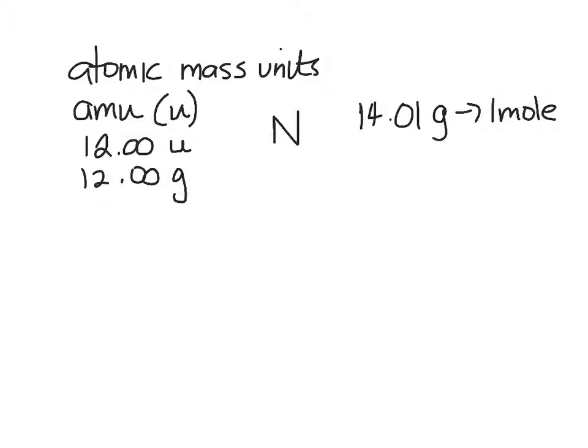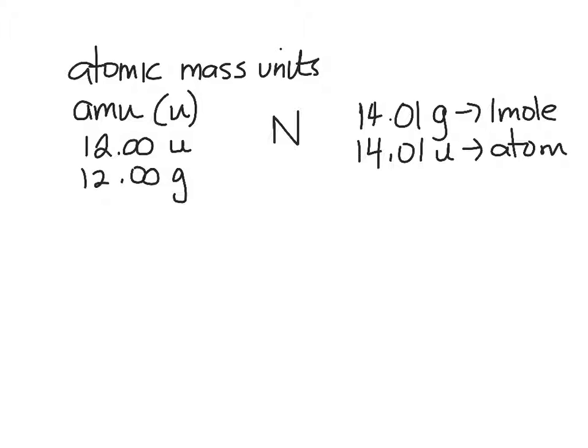If we're talking about one atom, we're talking atomic mass units, okay? So the number in your periodic table is going to be the same numerical value, but your unit will change depending on if you're talking about atoms or a mole of atoms. Two very different quantities of atoms.